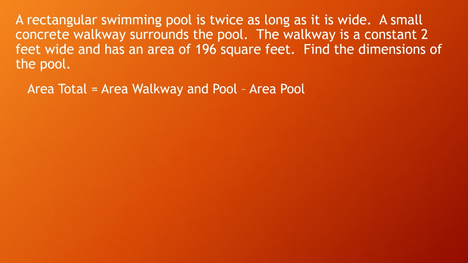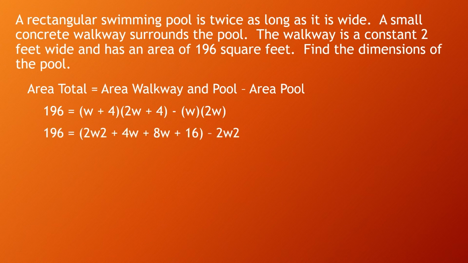Total area is equal to the area of the walkway and the pool minus the area of the pool. So we have 196 for the total area, including the walkway, is equal to the quantity W plus 4 times the quantity 2W plus 4 minus W times 2W.